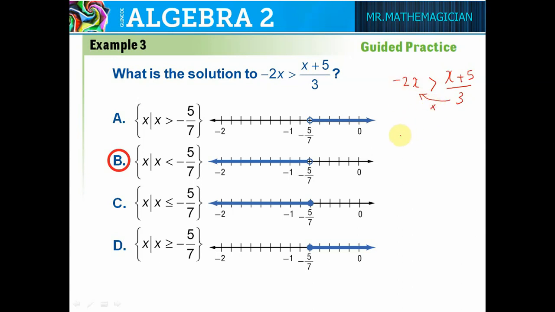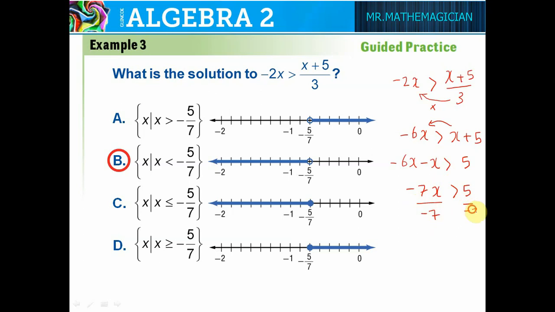So this will be negative 6x greater than x plus 5. I will take this x to the left hand side as a negative, so it's negative 6x minus x bigger than 5. Now negative 6x minus x will be negative 7x, still bigger than 5. Now I must divide by negative 7.